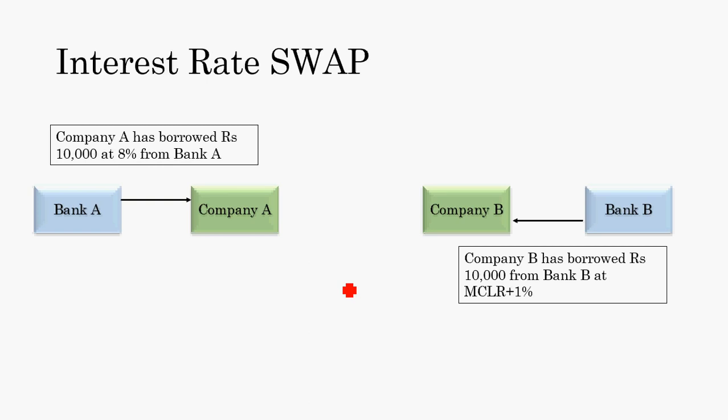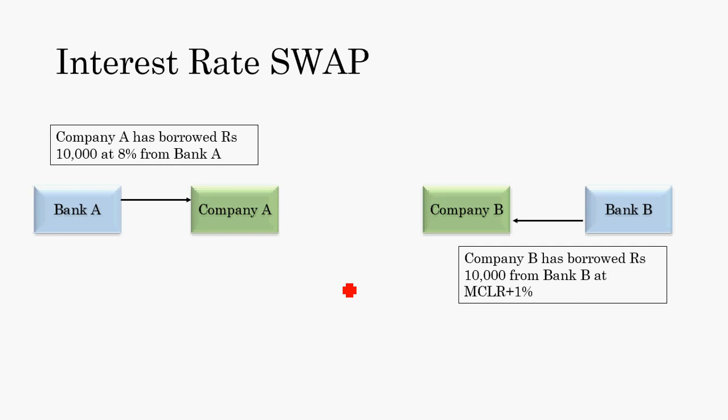This MCLR plus 1 denotes that this interest rate is a floating interest rate, whereas for company A it's a fixed interest rate. For company B, it's a floating interest rate and it is represented by MCLR. MCLR stands for Marginal Cost of Funds Based Lending Rate.